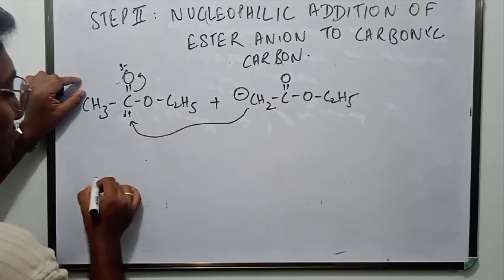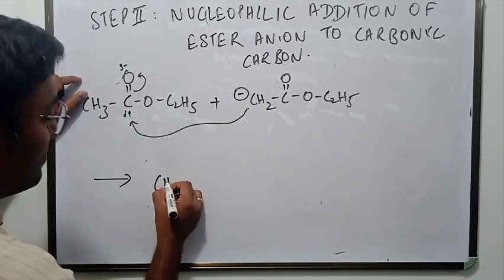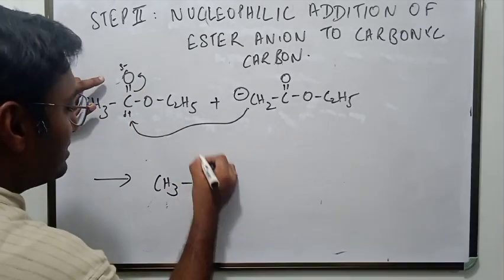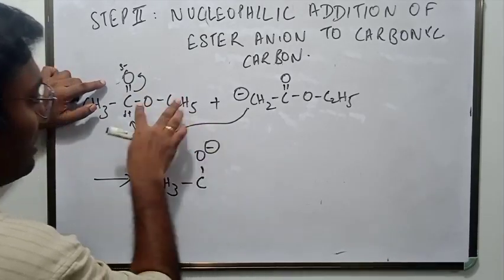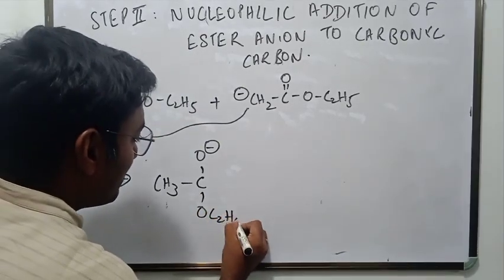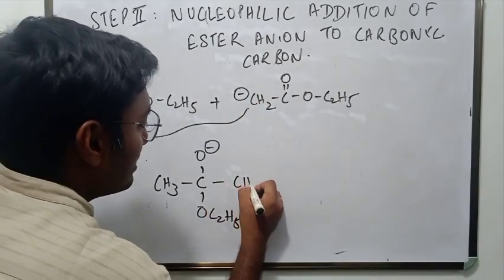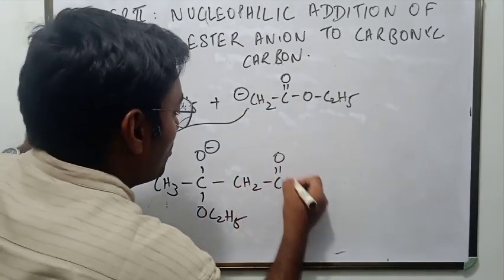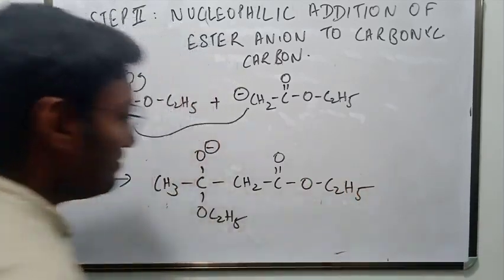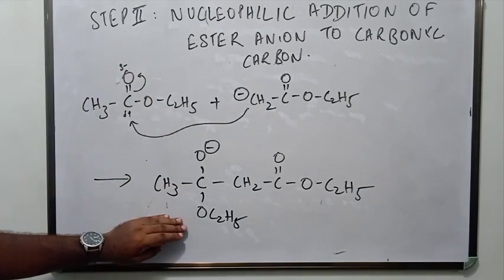So now what we get is: draw this one, CO minus, take this and draw it at the bottom, OC2H5, and attach it here, CH2, C double bond O, OC2H5. So that is the product of the second step that we get.